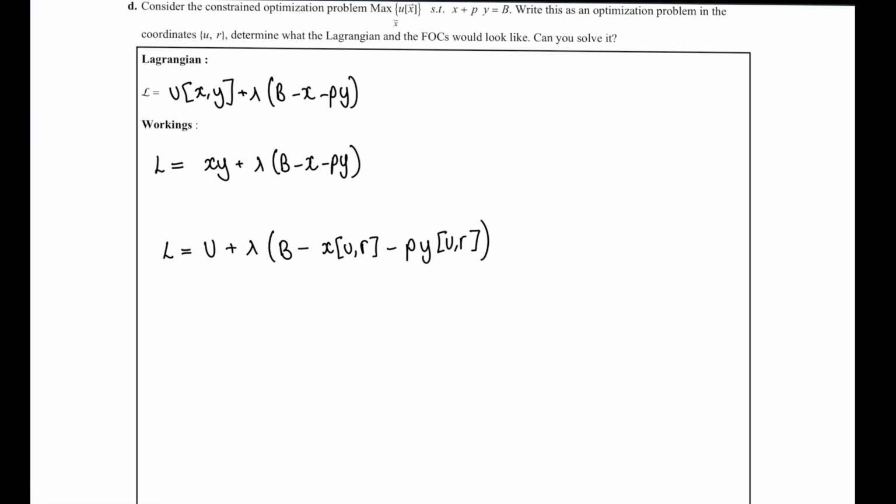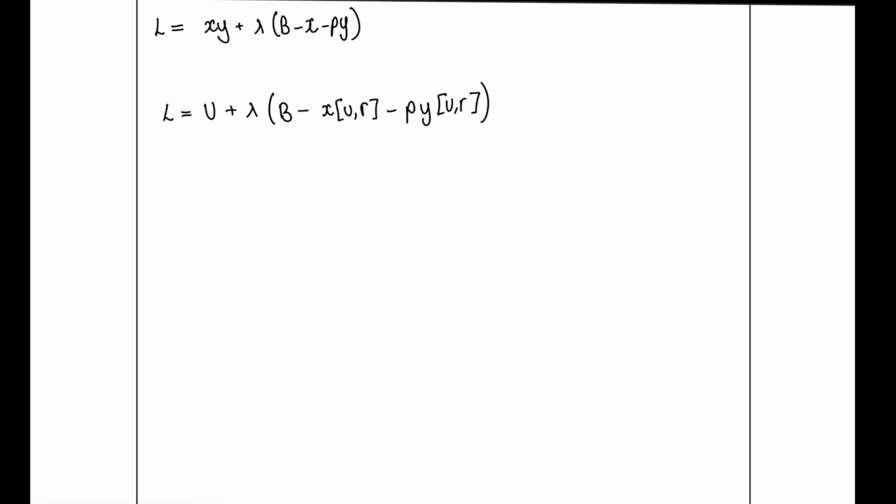So that's the Lagrangian. And for the first order conditions, if we partially differentiate the Lagrangian with respect to u, we just get 1 plus lambda times minus the partial derivative of the function x with respect to u minus p times the partial derivative of y with respect to u.